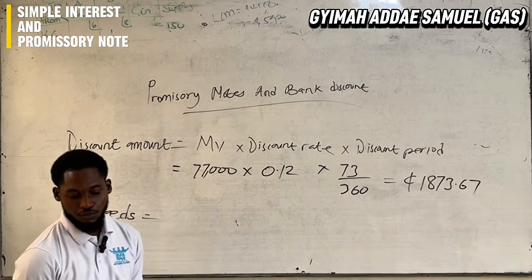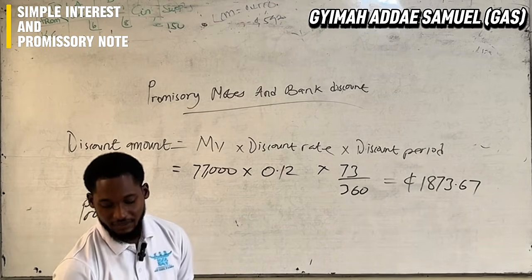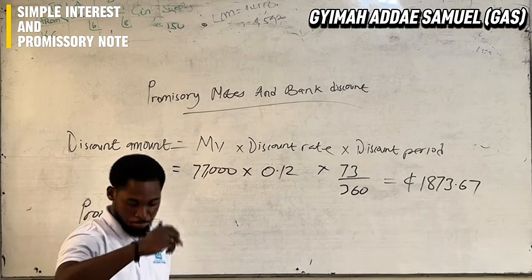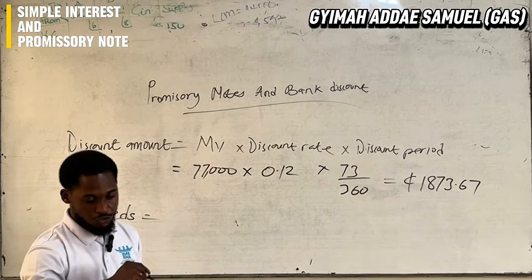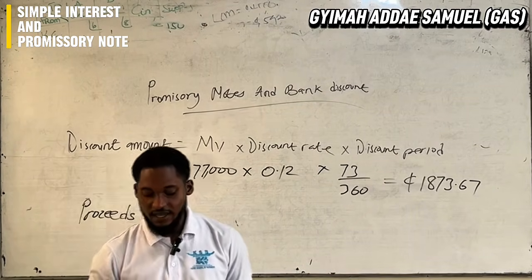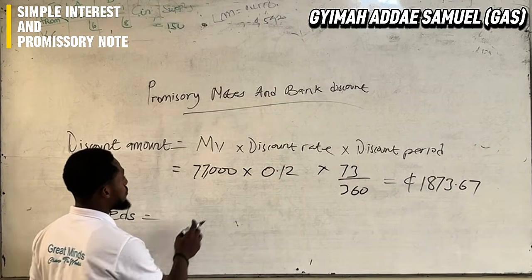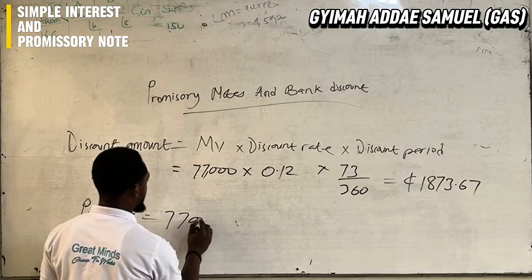With the proceeds, we are going to subtract the discount amount from the maturity value, and the maturity value is 77,000.